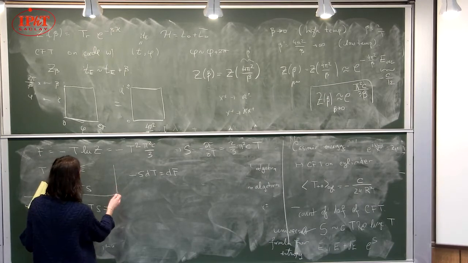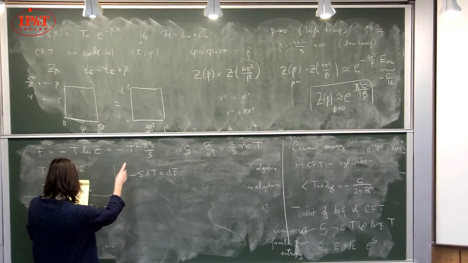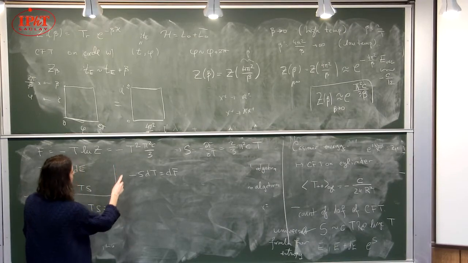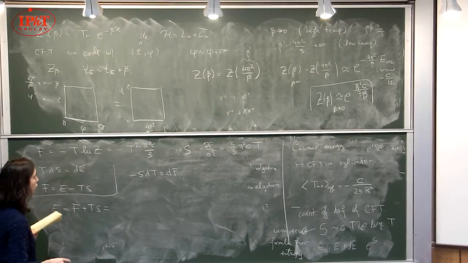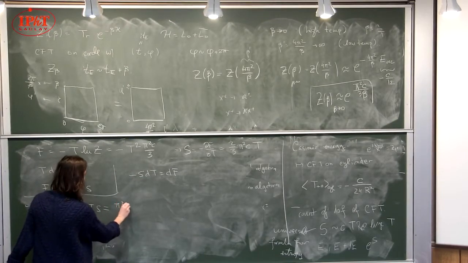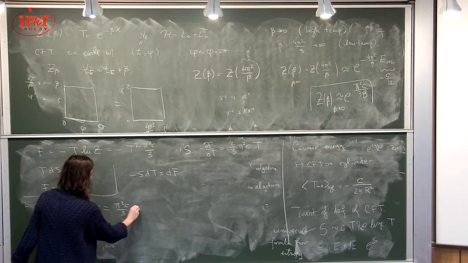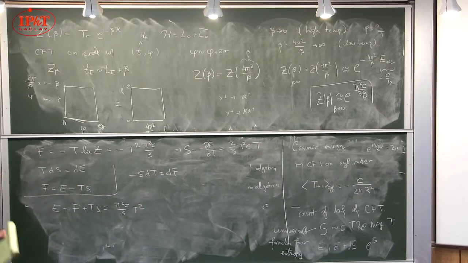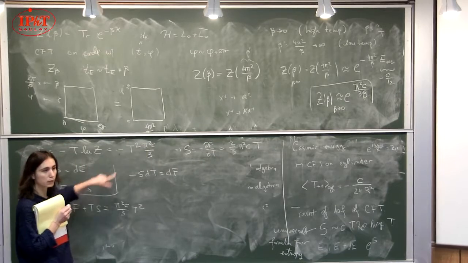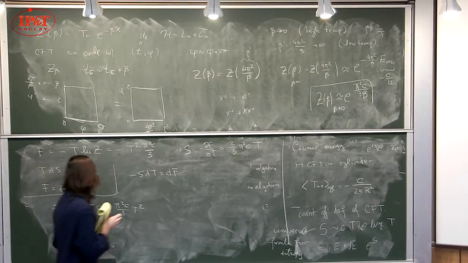So what is F? Minus pi squared c over 3 T squared plus twice that. Okay, so I guess you won't kill me if I just write pi squared c over 3 T squared. So I get a factor of 2 from here and a minus 1 from here, and that's just it.